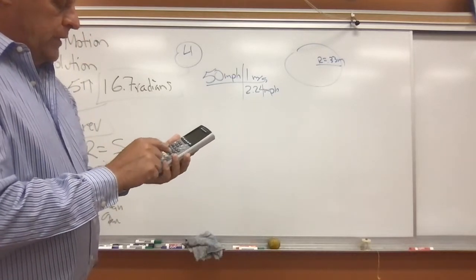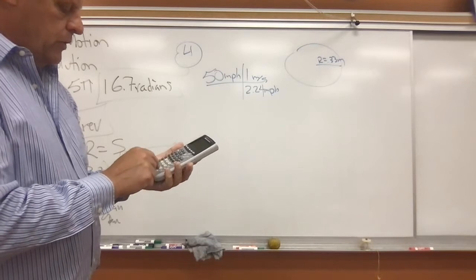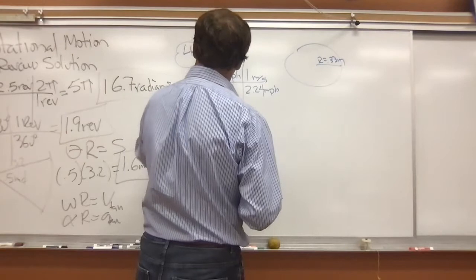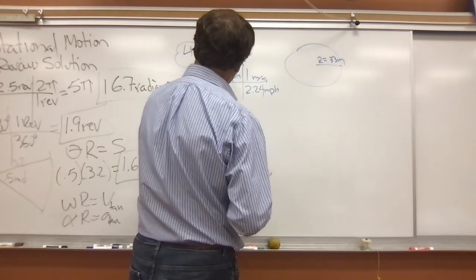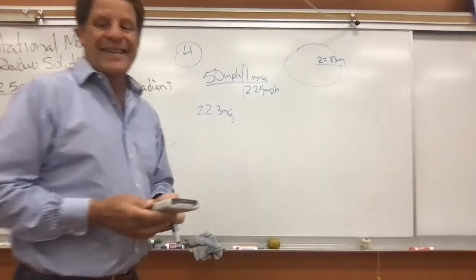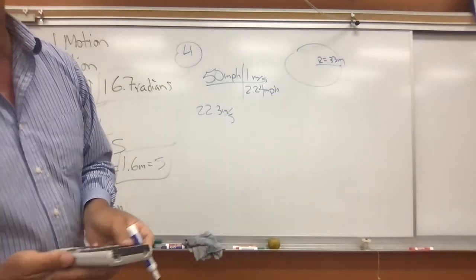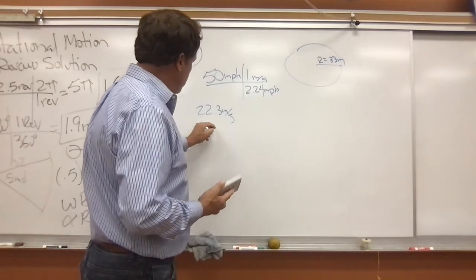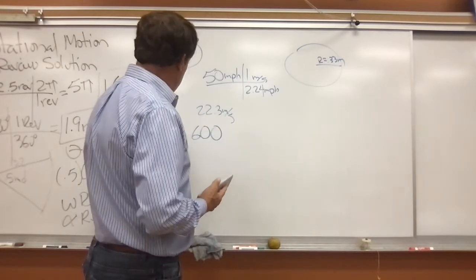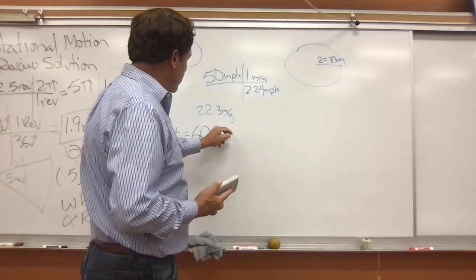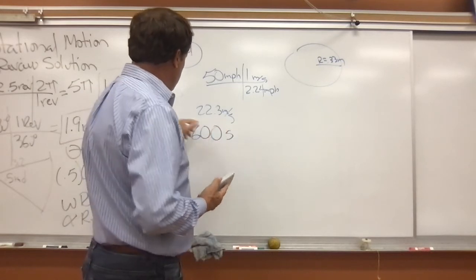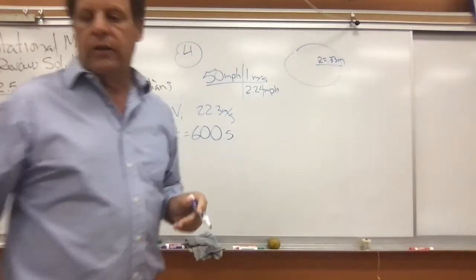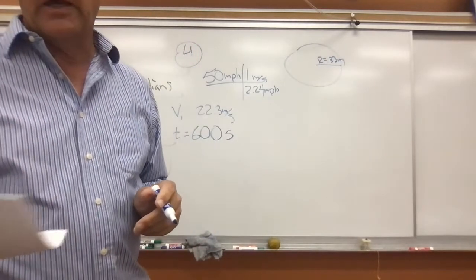So 50 divided by 2.24 means we're going to have 22.3 meters per second. 10 minutes is going to be 60 seconds in a minute times 10 minutes, so our time is equal to 600 seconds, and this is our linear velocity.